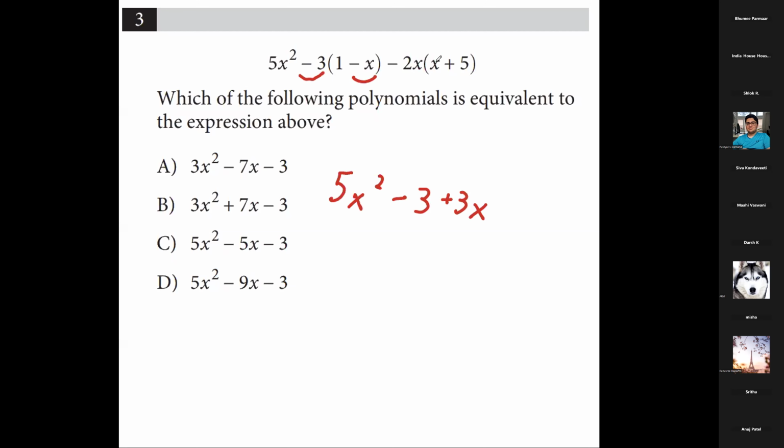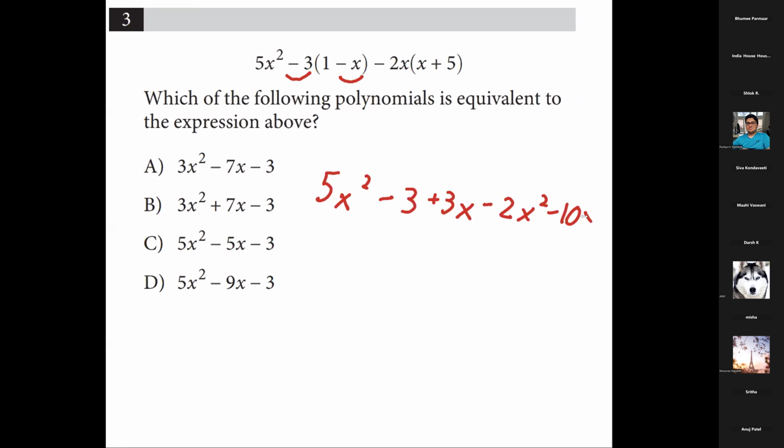And then we do the same thing for this side. So negative 2x times x is minus 2x squared. And then negative 2x times 5 is minus 10x. And then we just need to simplify.